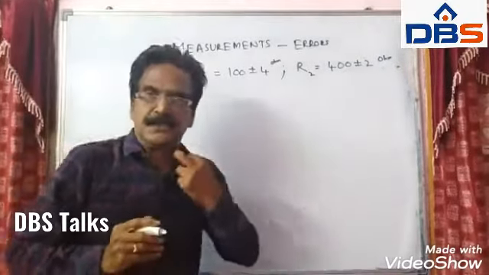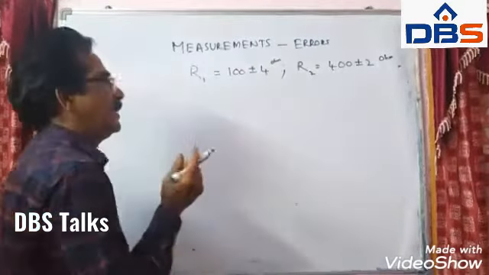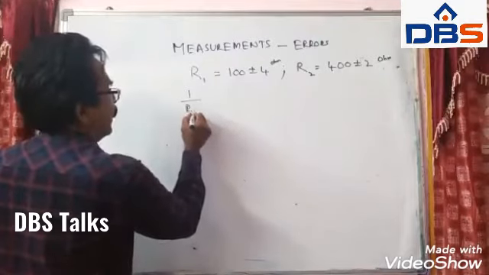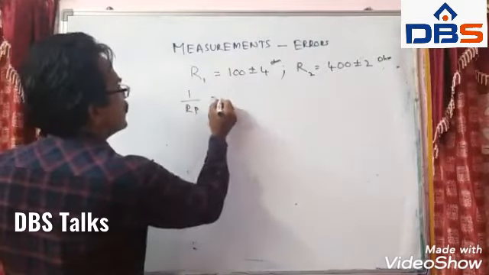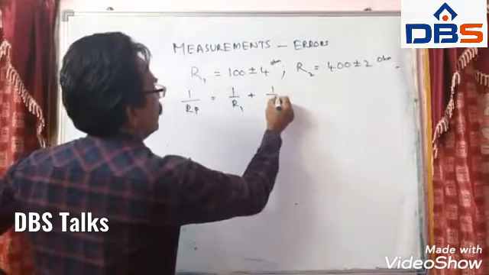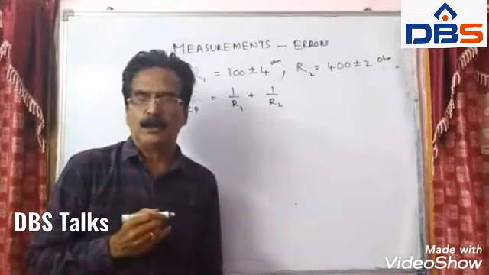See, now these two resistors are connected in a parallel combination. In parallel combination, we know 1 by Rp is equal to 1 by R1 plus 1 by R2.